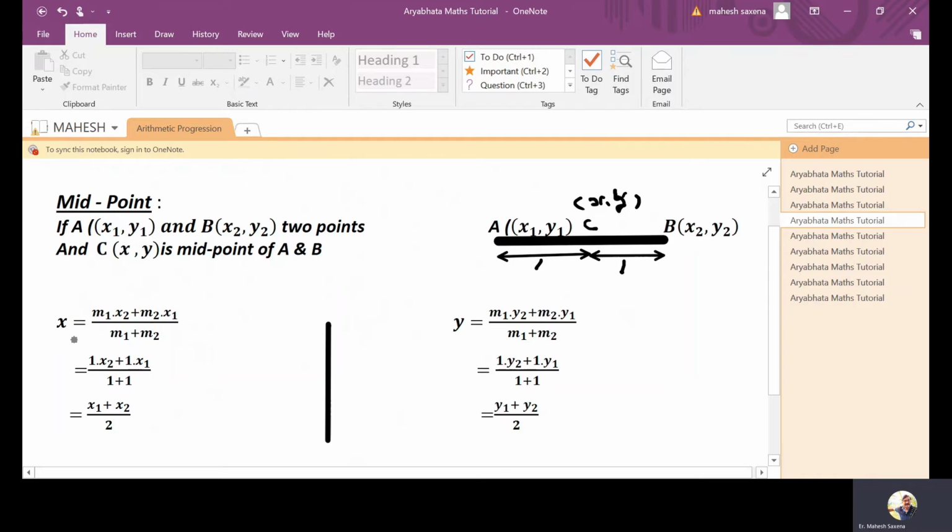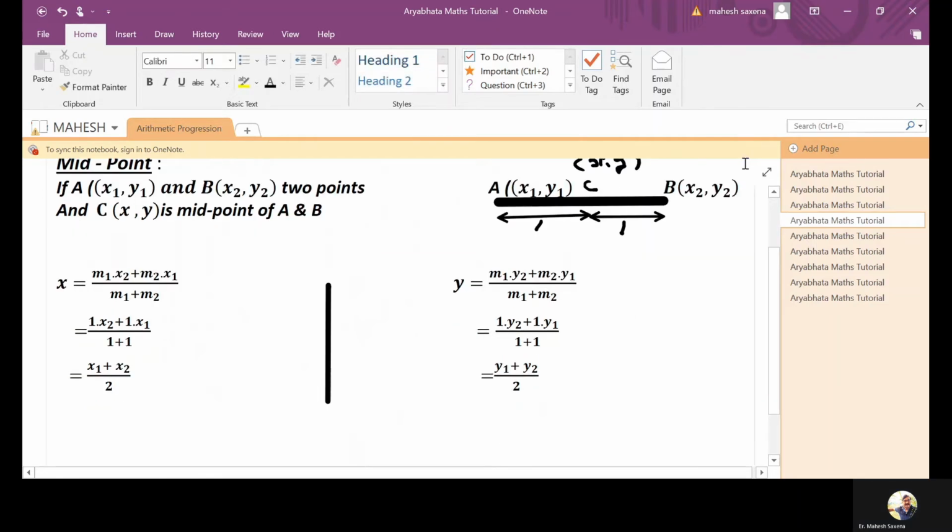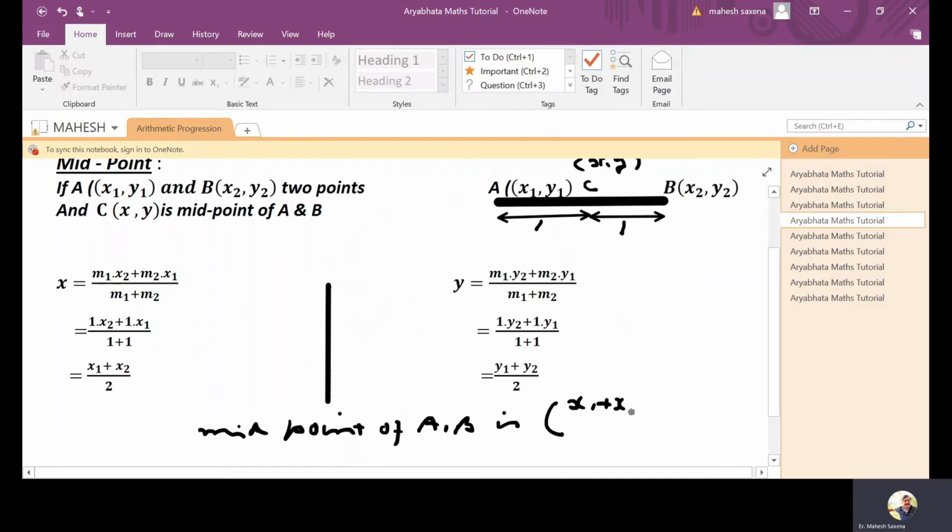Therefore, by the formula, x is equal to 1 into x2 plus 1 into x1 upon 1 plus 1, that is x1 plus x2 upon 2. Similarly, the y coordinate of C will be y1 plus y2 upon 2. Therefore, the midpoint of the line segment AB is x1 plus x2 upon 2, y1 plus y2 upon 2.